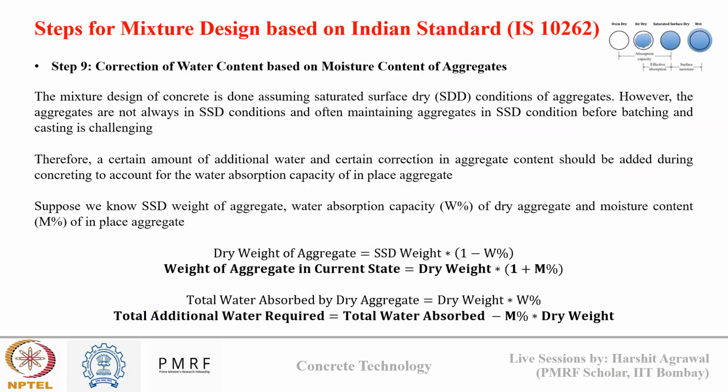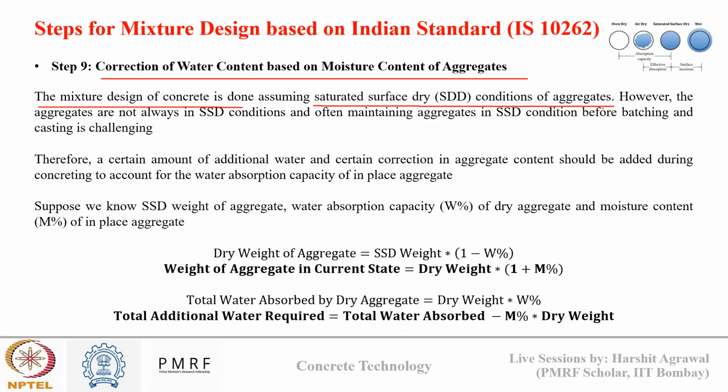And finally, and most importantly, once all proportioning is done, the last step is the correction of water content based on the moisture content in aggregate. Mixture design of concrete is done assuming that we have saturated surface dry conditions of aggregate. What do we mean by saturated surface dry?